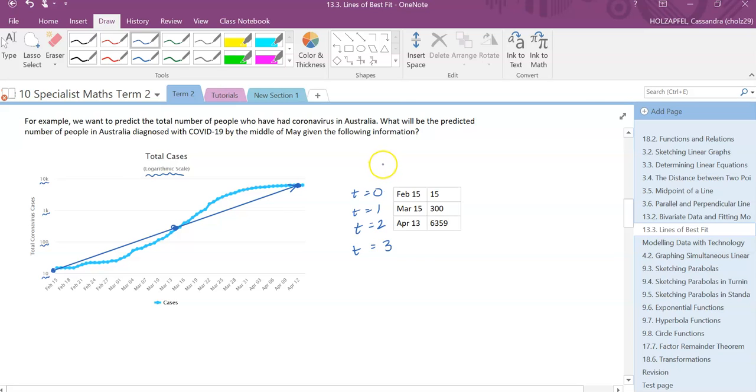But when it comes to May, we can have a guess and then check to see if our prediction was anywhere close to our actual value, which I have a feeling it probably won't be. There are different things that can contain or increase the spread of this virus. And the Australian government seems pretty strict at this point in time about those COVID restrictions.